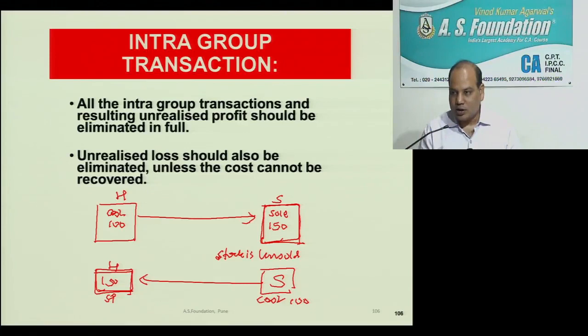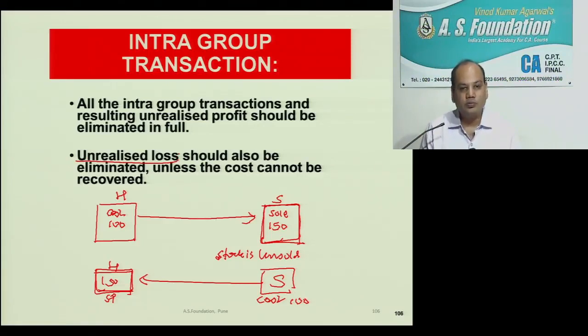So the standard, AS 21, says all the intra-group transactions and resulting unrealized profit should be eliminated in full. Our own inventory or our own fixed assets should not include profit made by one of the group companies. Understood? So it has to be eliminated. Same thing for unrealized loss also.